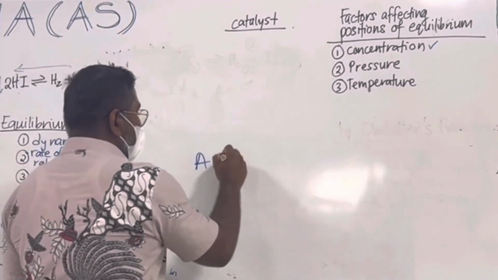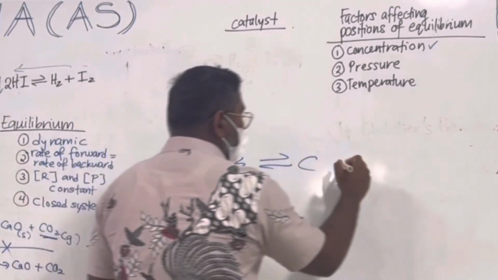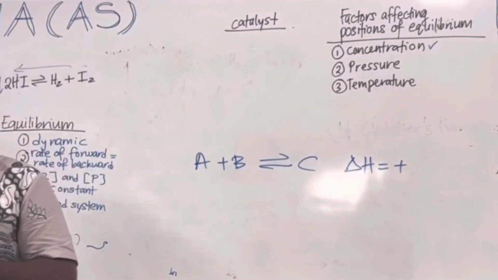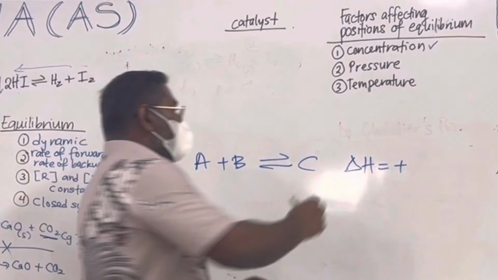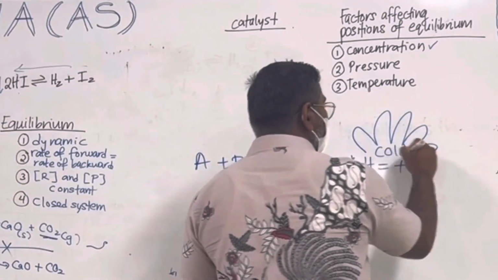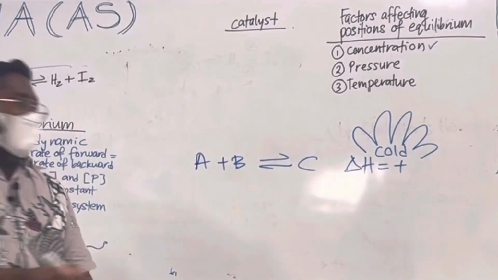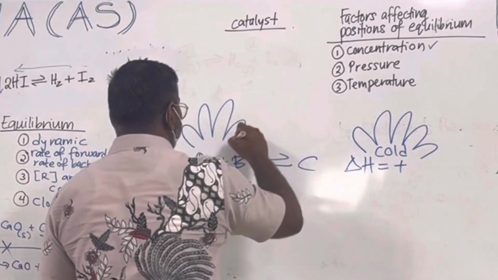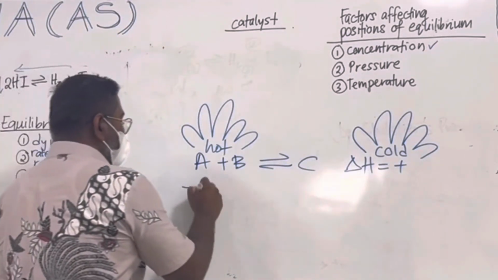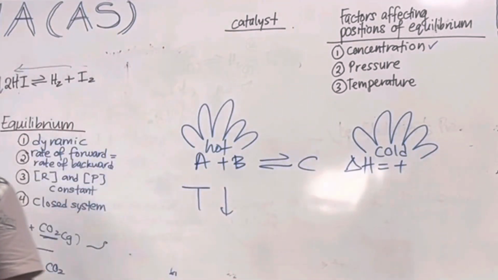So let's say I have A plus B to give you C, delta H is going to be positive. And this is an endothermic reaction. You put your hand over there, and this is going to be cold, positive, cold. And automatically you put your hand over here, this is going to be hot. And let's say I am going to decrease the temperature.